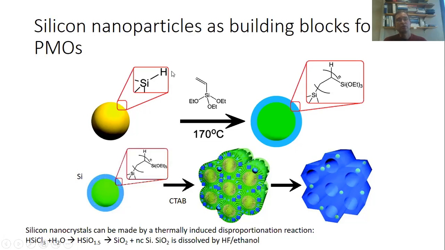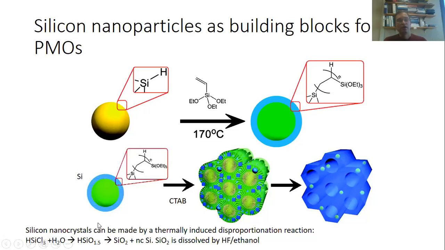Then you can use the reactivity of these silyl groups to do a hydrosilylation reaction with a vinyl triethoxysilane molecule at 170 degrees Celsius. And this again gives a dense layer of triethoxysilyl groups around the silicon core.